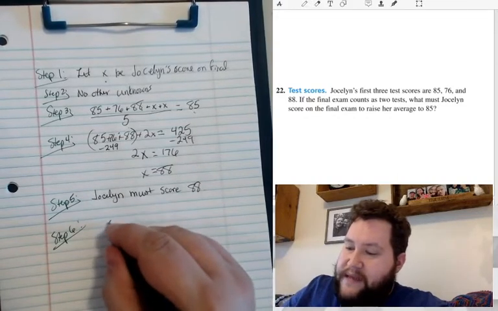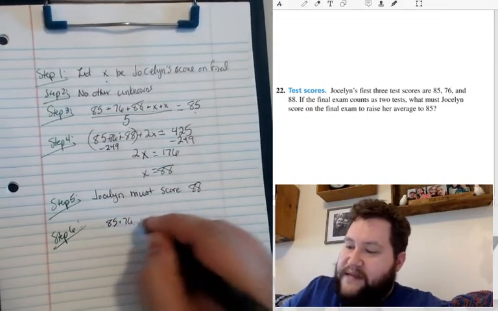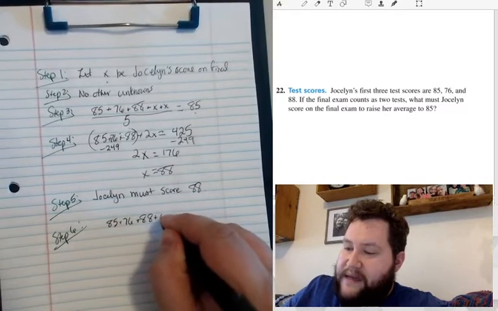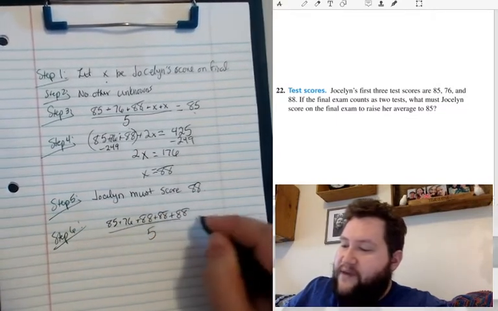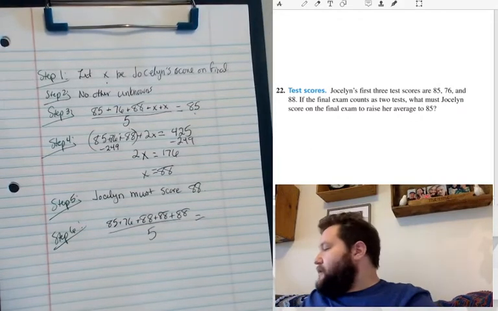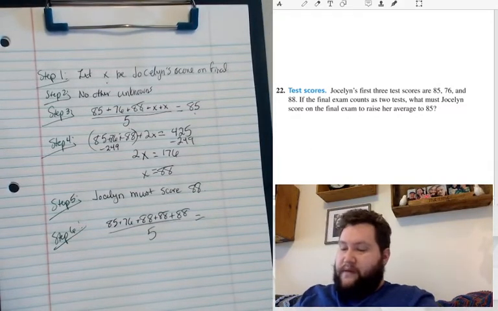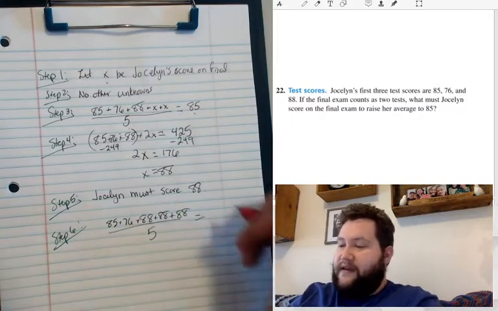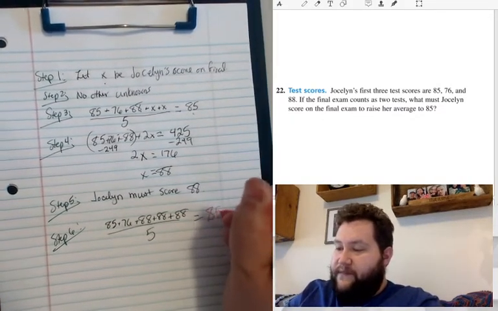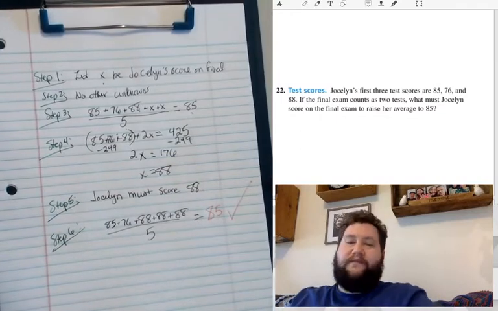It should be the case that 85 plus 76 plus 88 plus 88 plus 88 divided by 5 should give us what we wanted. So we have 3 times 88, 76, and then 85. Divide that by 5, and we do, in fact, get 85. Good.